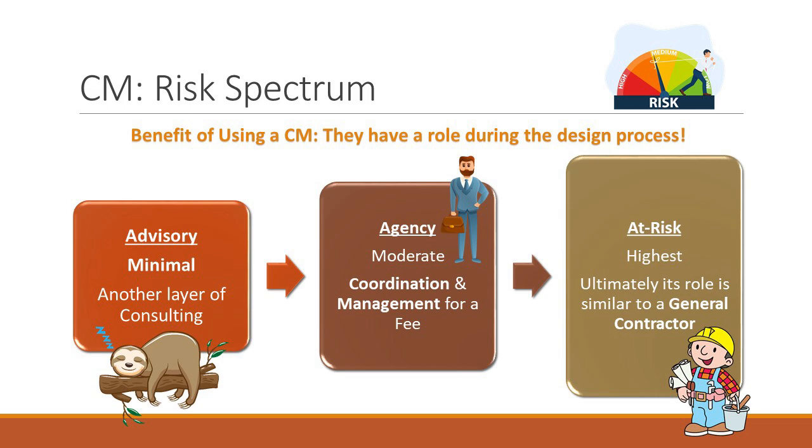There's not much they can screw up that they can get sued for. If the agency CM screws up on pricing or makes bad advice on schedule, they could have some risk there. And then the at-risk CM, they're pretty much like a general contractor, so they're going to have the highest amount of risk. So construction managers, these are your different risk models.